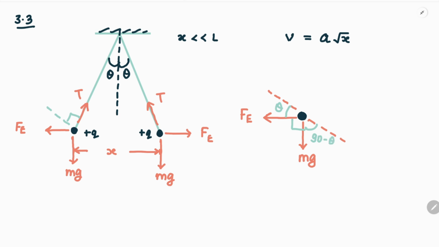So if we break the force along this line, which we have drawn, let us say Mn, the net force must be 0. If we break the component along this line, then we will have a gravity component mg sine theta in this direction and Fe cos theta in this direction.